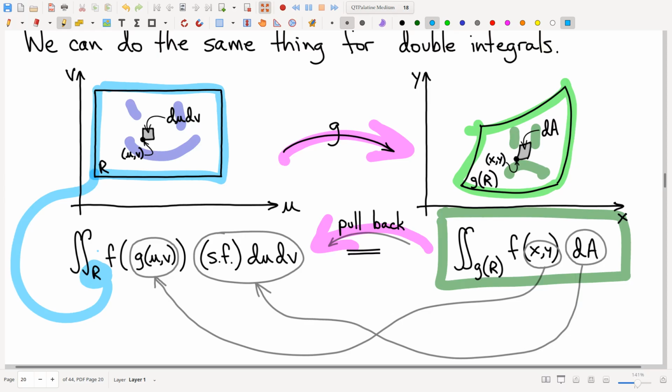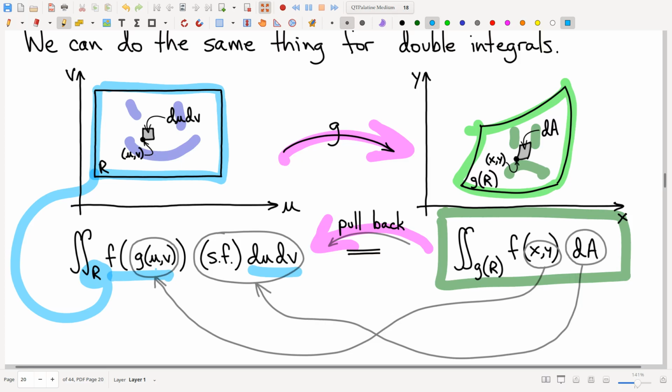Depending on how you set it up, it could be as nice as a rectangle. Every example is different. We'll see a bunch of examples as we go through. Sure, it's a different variable. Everything's written in terms of du, dv, and you've got to plug in the function. You've got to get rid of all your x's and y's and rewrite those in terms of u's and v's.